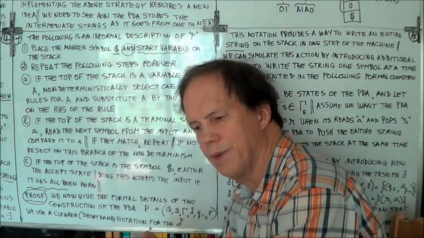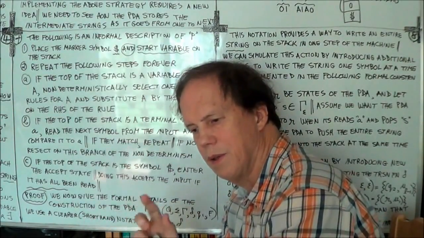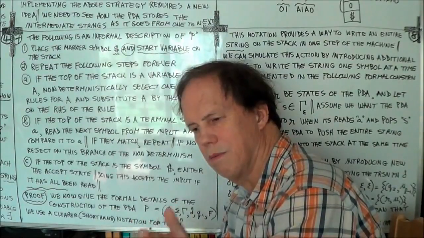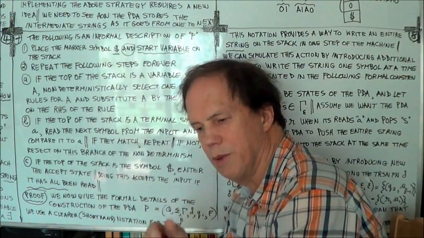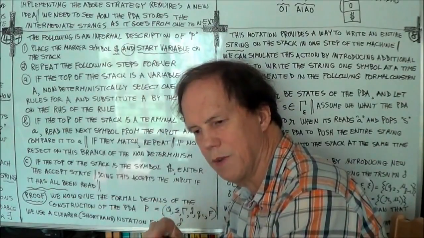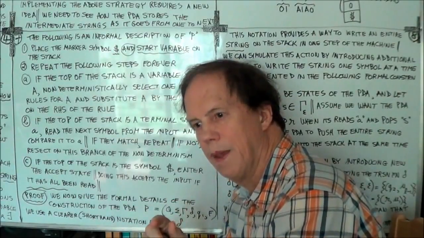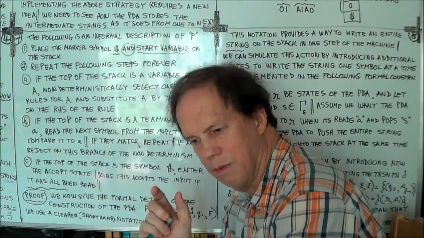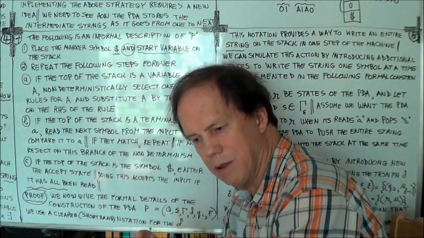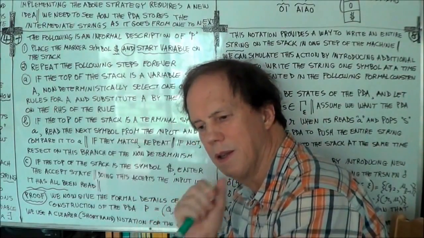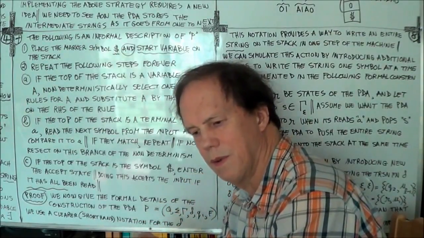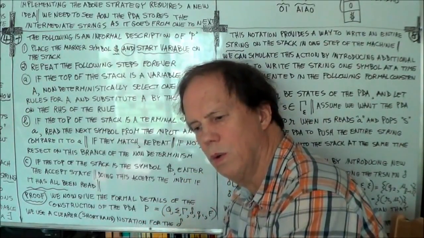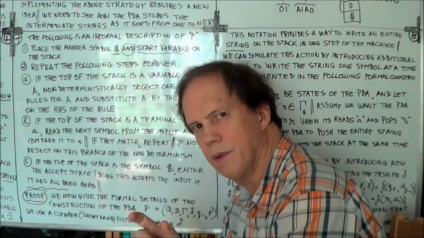You have a couple of terminals and then a variable. So you'll eliminate the, let's say, two terminals, and so now the top of your stack is a variable, and you substitute that, and that's the last time you substitute. And now what you've got on your stack, they're just all terminals. Okay?